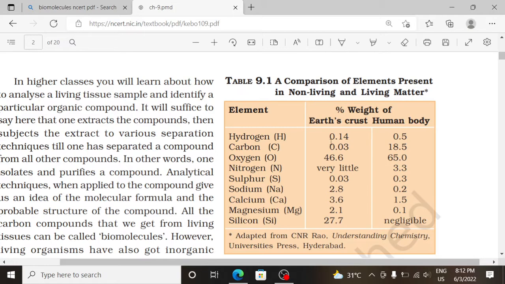Nitrogen is very little, in the human body 3.3%. Sulfur is 0.03, human body 0.3. Sodium is 2.8 in the earth's crust and in the human body 0.2. Calcium in the earth's crust is 3.6, in the human body 1.5. Magnesium in the earth's crust is 2.1, in the human body 0.1. Silicon in the earth's crust is 27.7% and in the human body it is negligible, not present.